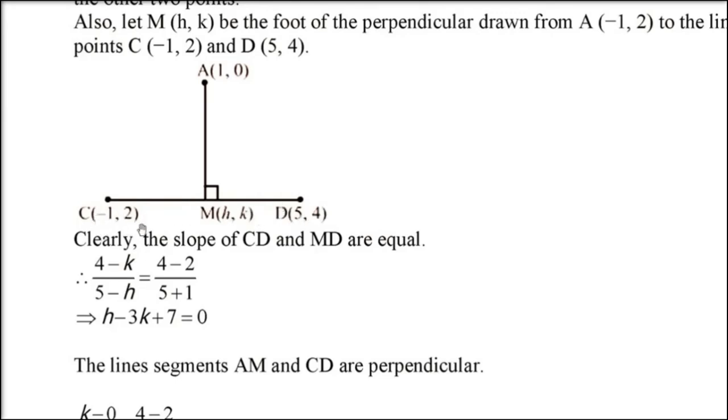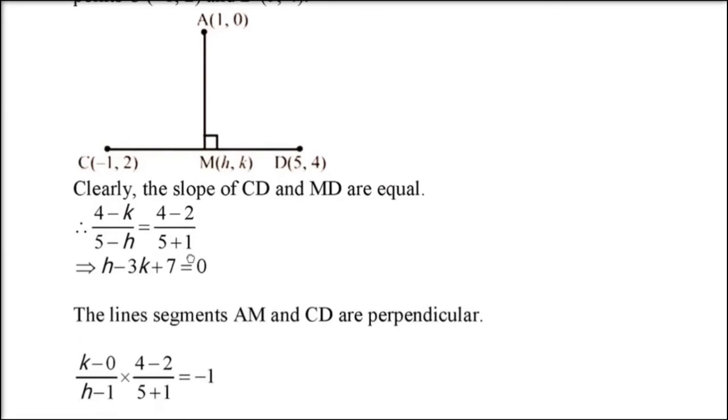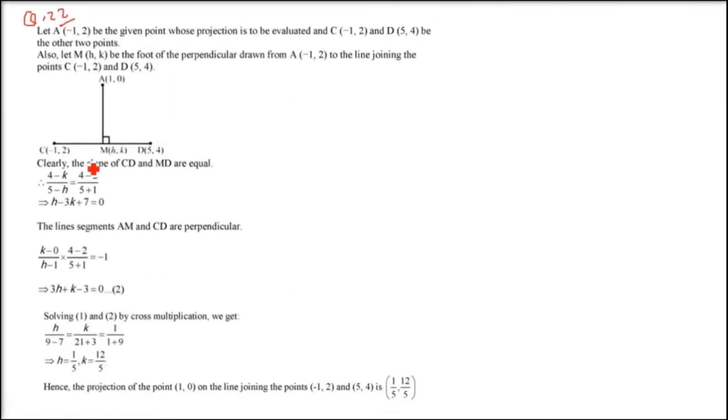But the slope of CD is 4 minus 2 over 5 minus minus 1, and the slope of AM will be k minus 0 over h minus 1. There are two parts of this line. The slope of CD and the slope of MD are equal.